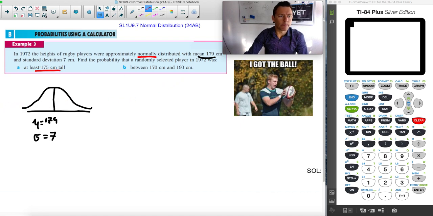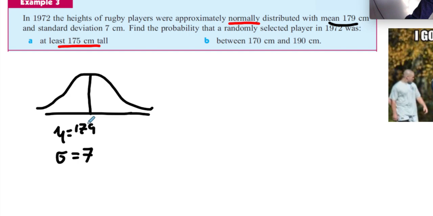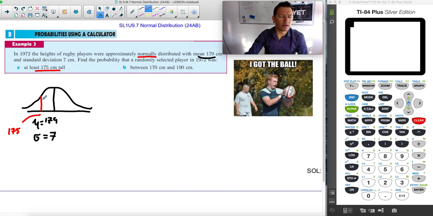Okay, here's 179. 175 is going to be on the low side of that, so I'm going to put it there. So this is 175. And at least means the 175 is the lower limit for that, so we're interested in the area above it. Cool. So we're looking for this area.